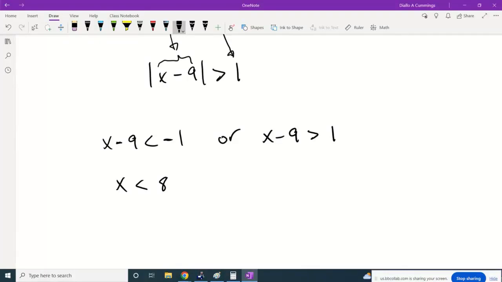Or if I add 9 to both sides here, 9 plus 1 is 10, so x is greater than 10.